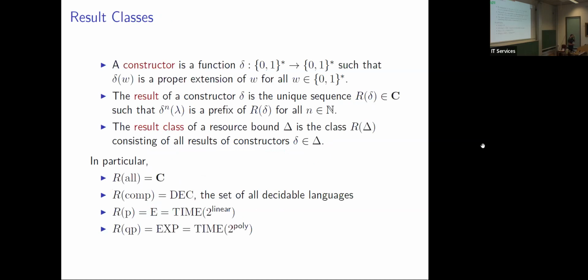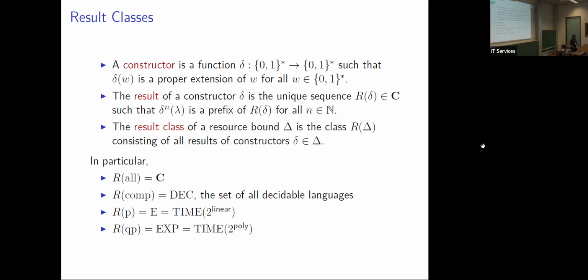And then we'll also need result classes. A constructor is a function delta such that delta of W is a proper extension of W for all words W. And the result of a constructor delta is the unique sequence R delta such that the n-wise application of delta to the empty string lambda is a prefix of R of delta for all n.